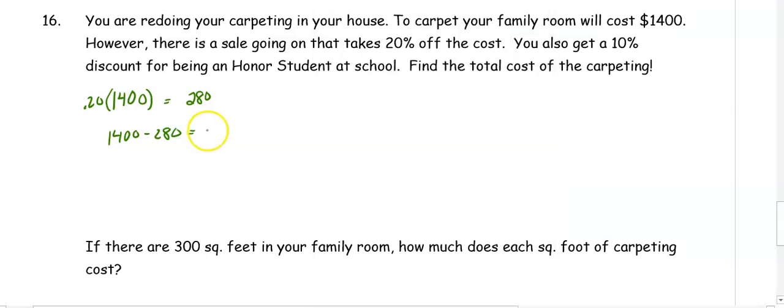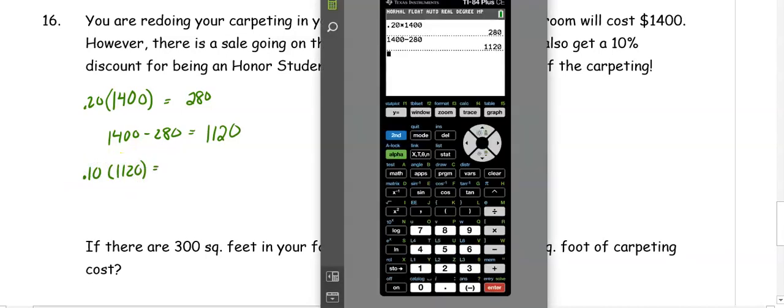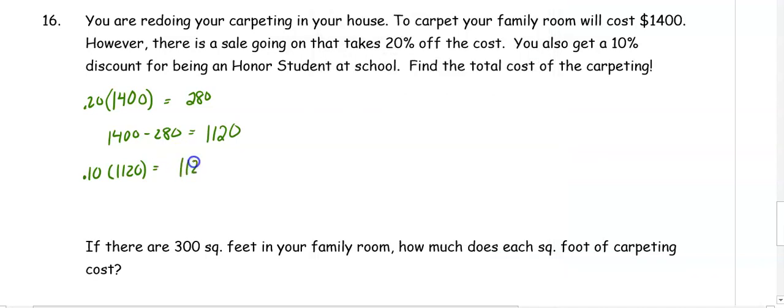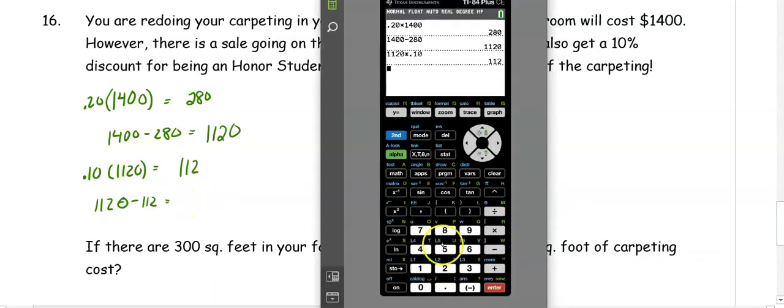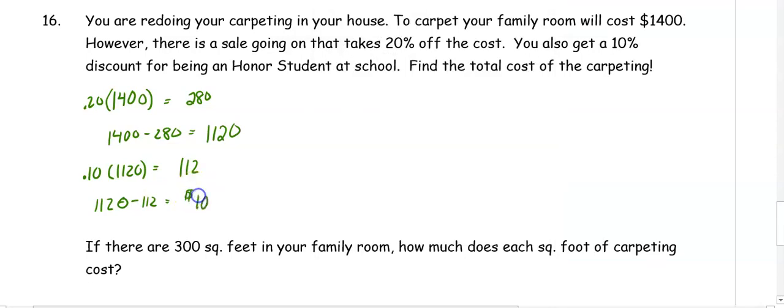So our cost would be $1,120, but we also get another 10% off. We multiply by 0.10. We get $112 that we also need to subtract off the price. So our carpet should cost us $1,008.